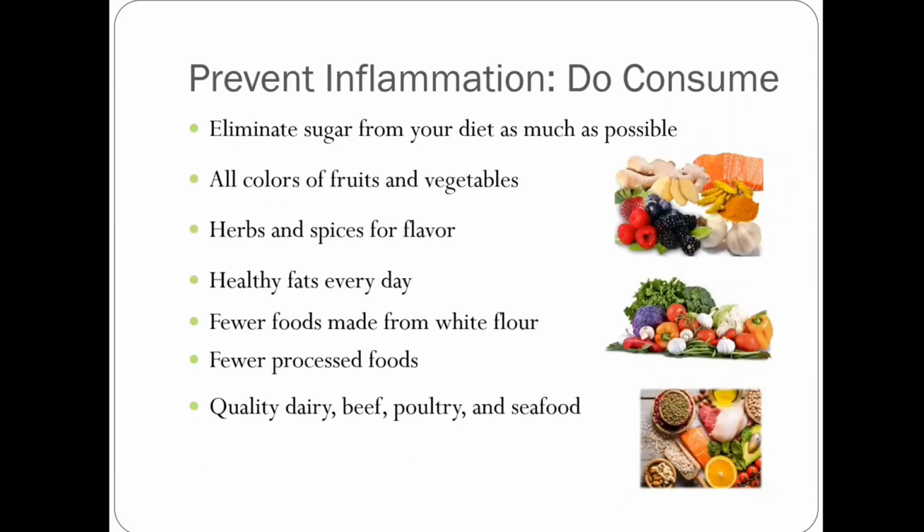On the flip side, we do want to consume more fruits and vegetables. Of course, reduce sugar from our diet as much as possible, so avoiding a lot of those added sugar products. Increase herbs and spices for flavor, introduce healthy fats every day, fewer foods made from refined flours, fewer processed foods, and high quality protein sources, whether it's coming from a plant source or an animal source.